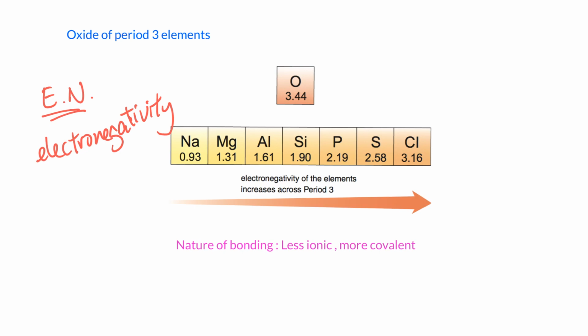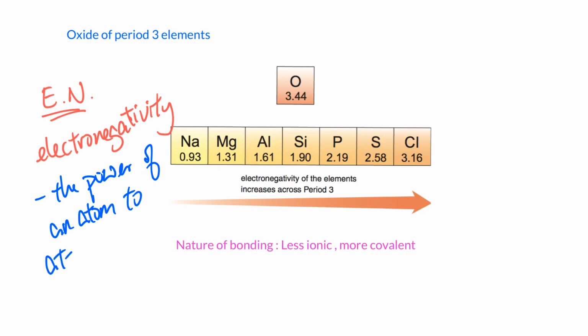You can see that from left to right, the En are increasing bit by bit. What does the value of electronegativity show? It shows the power of an atom to attract the bonding electrons.